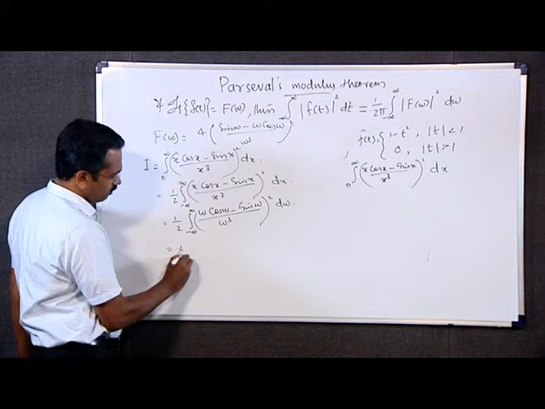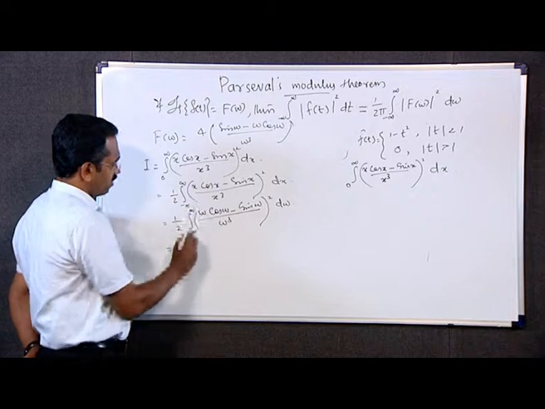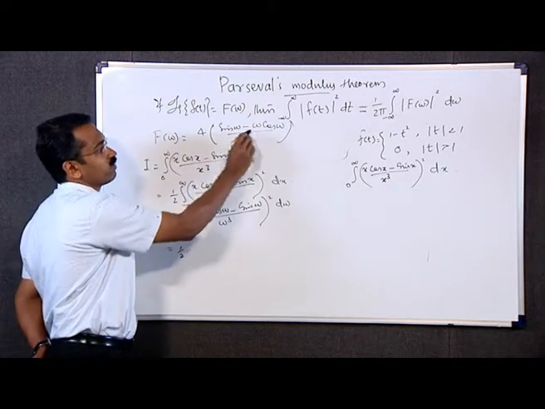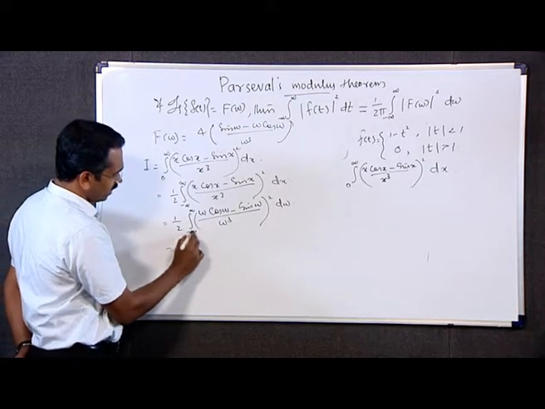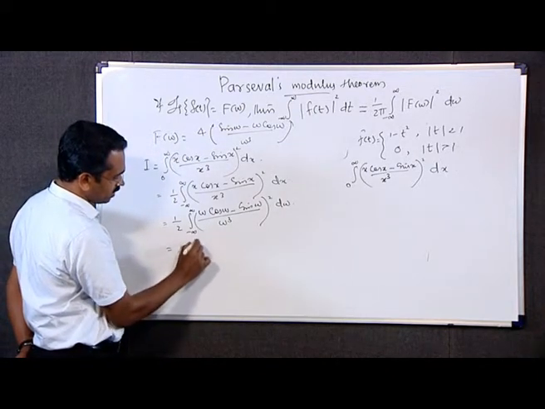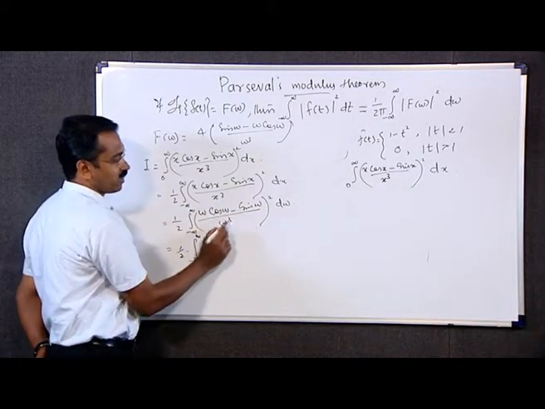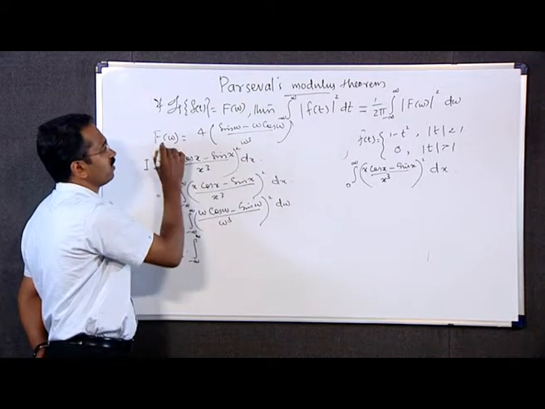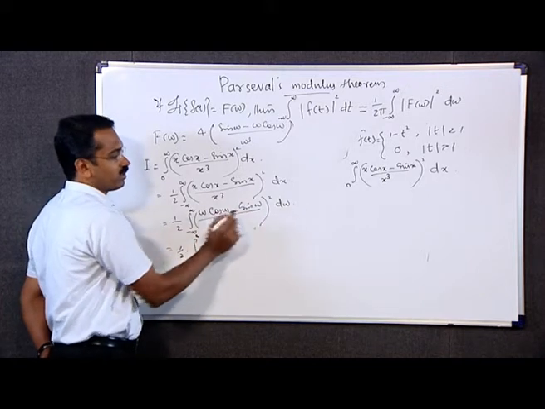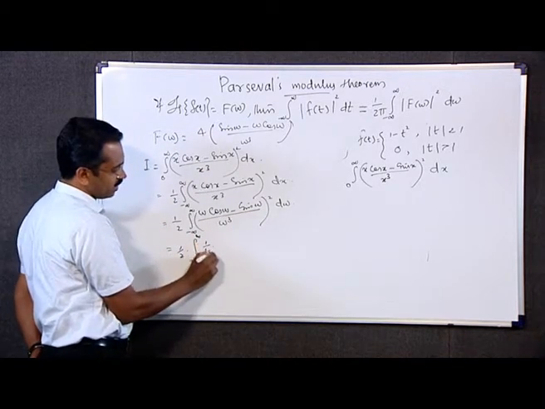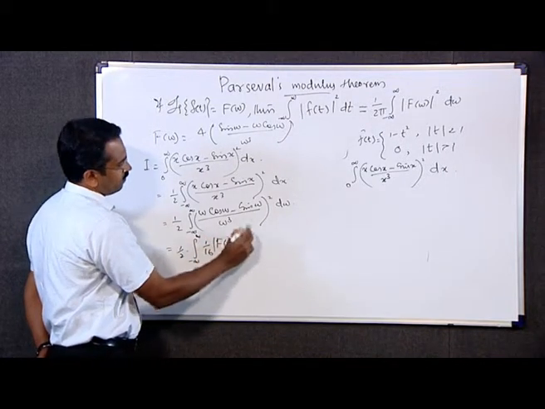We denote f of omega as 4 times (sin omega minus omega cos omega) divided by omega cube. Therefore, (omega cos omega minus sin omega) divided by omega cube is 1 by 4 f of omega. Therefore, the whole square means we can write 1 by 16 f of omega square d omega.